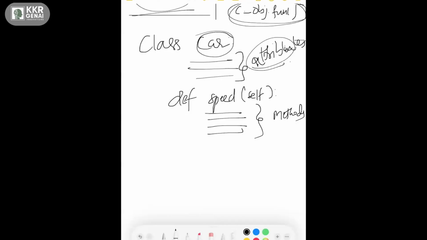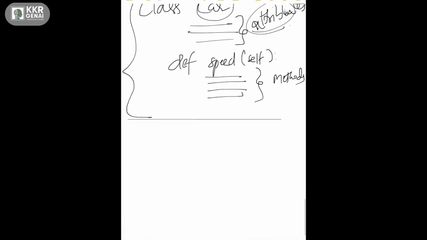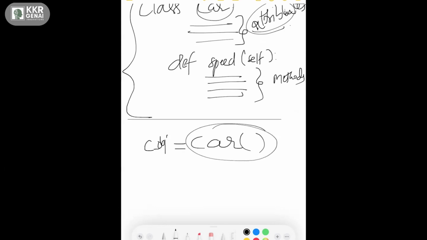So this is a class. If this is a car, how can I call speed? As speed is a method of that class, I can call it by creating an object. Let's assume C underscore object; this is how I create an object, and then I can call this method with the object reference: C dot speed of.